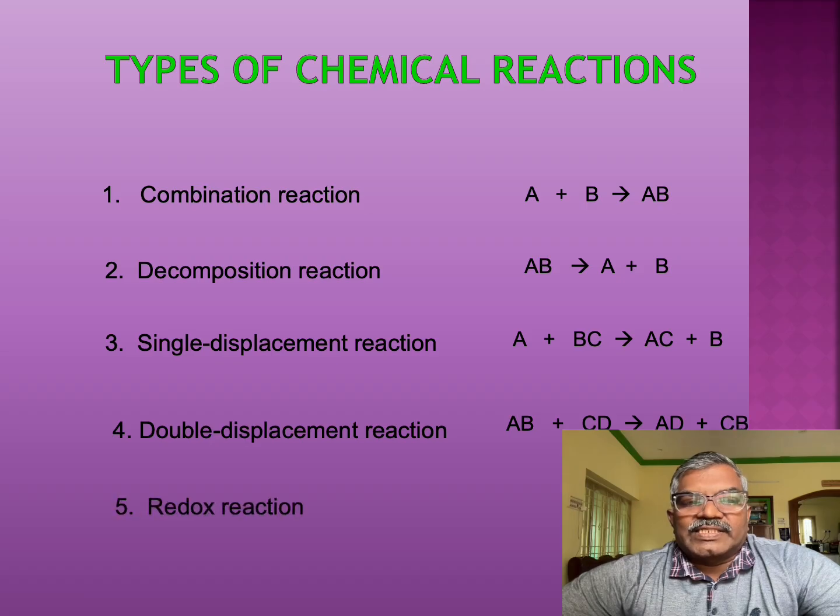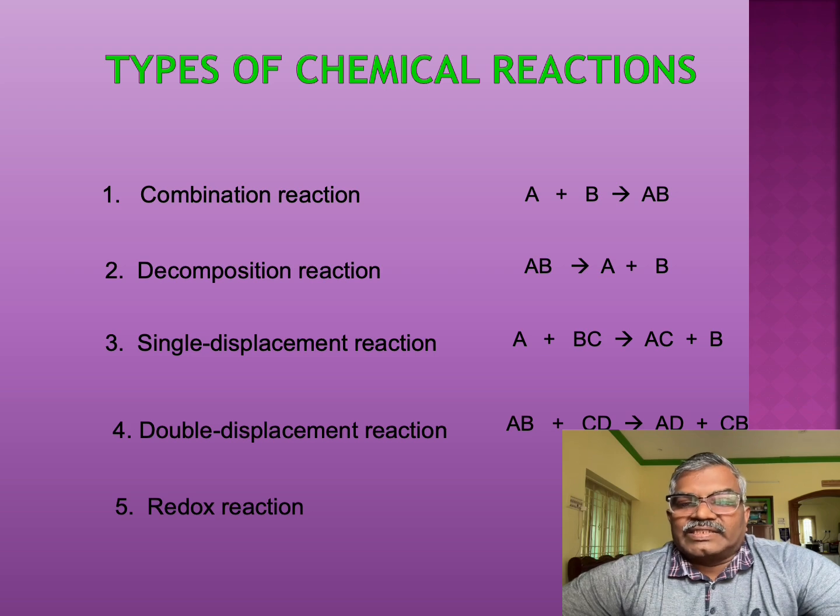In the slide you can see there are 5 types of chemical reaction. To classify a chemical reaction there are 5 types. The very first one is combination reaction, also known as synthesis reaction. The second one is decomposition reaction. The third one is displacement reaction.